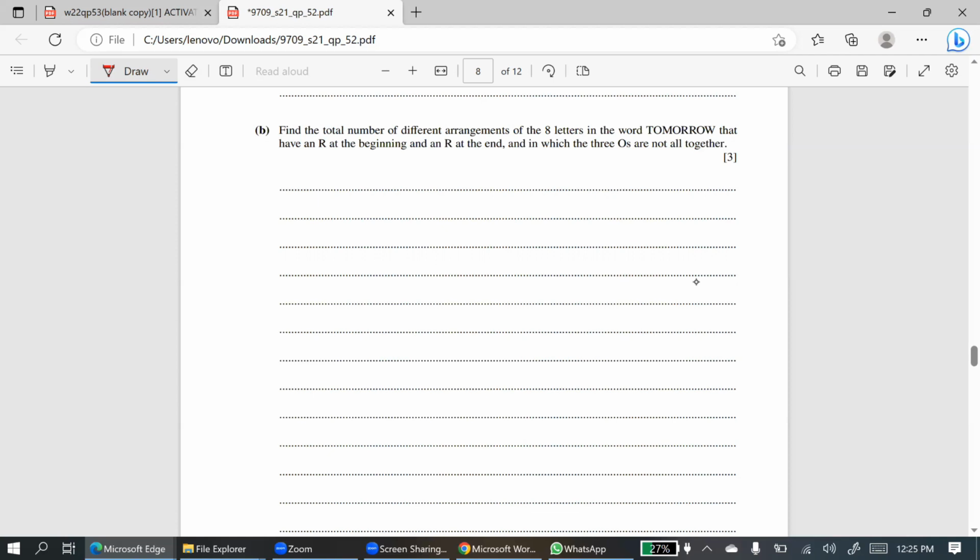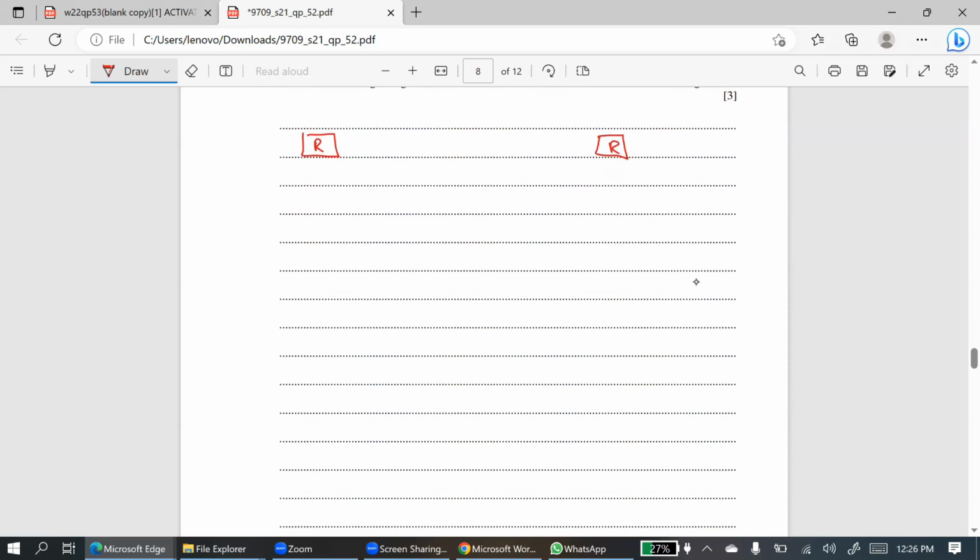Now, this one is the R, this one is the R. Now, these 2 R's are not included in the permutations arrangements. We can ignore these two, or we can count these two.